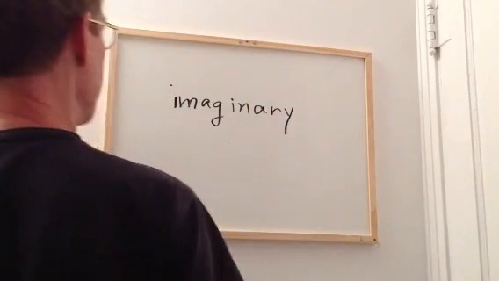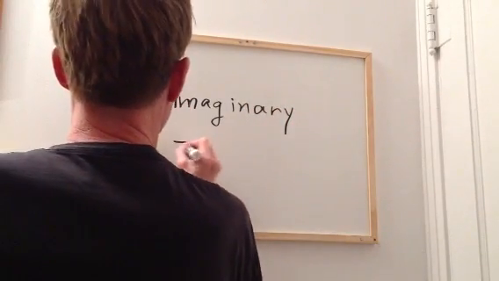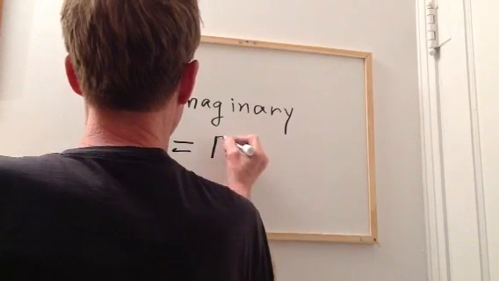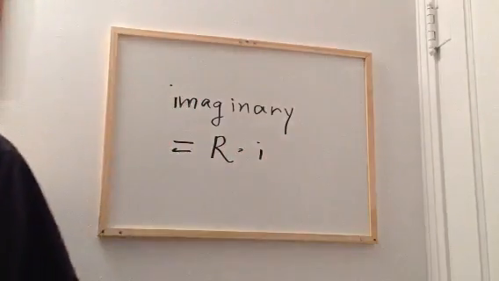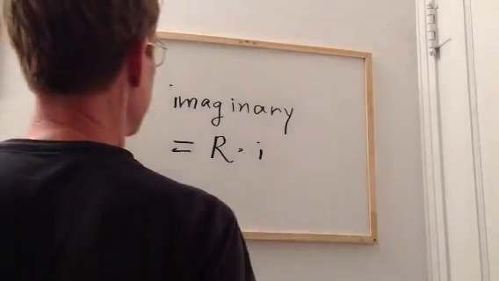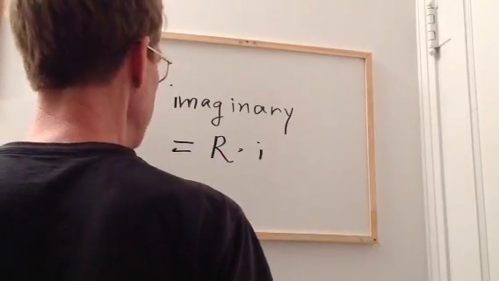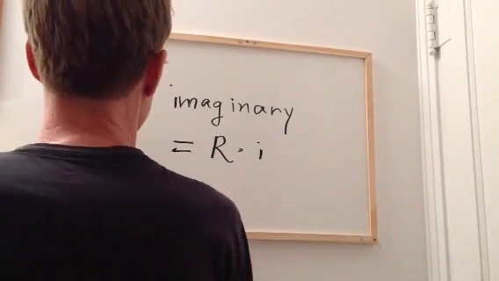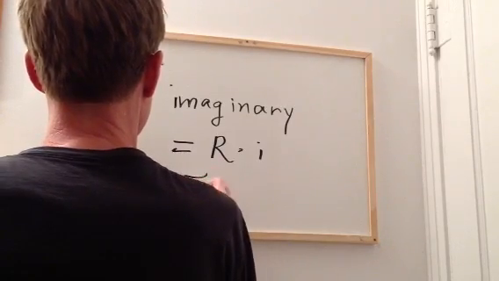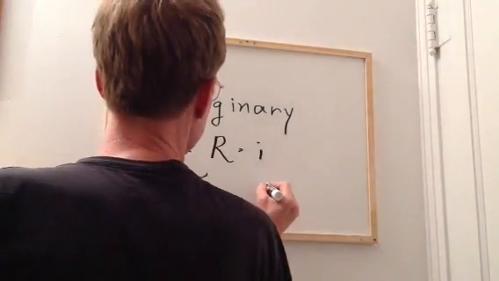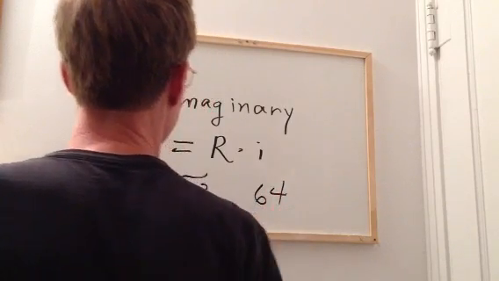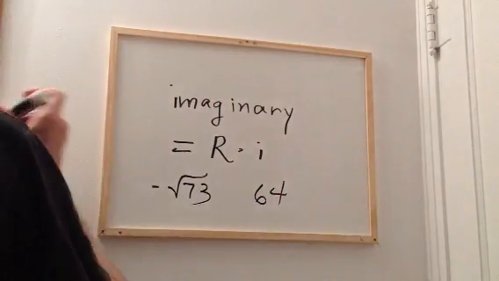And again, by definition, an imaginary number is any real number times i. That real number can be 0, it can be a negative real number like minus the square root of 73, it can be a positive real number like 64, or it can be 0.